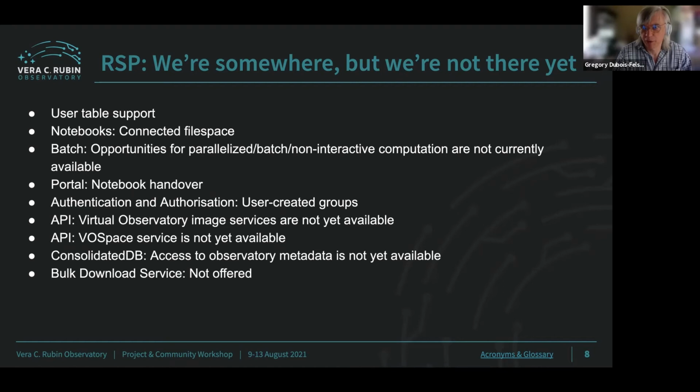But we're also very mindful of what happened with Gaia, where that was an extremely popular mode of use of the Gaia data. We are aware of this and thinking about how to extrapolate from that to what we do in the data release era. I don't want to say more about that because it's still under discussion.